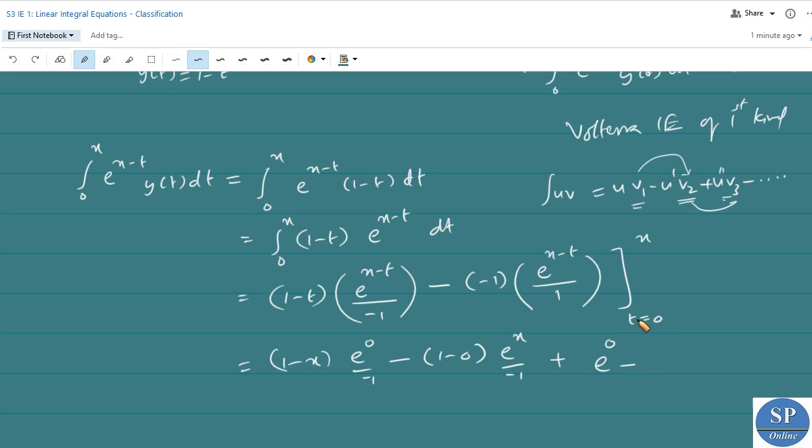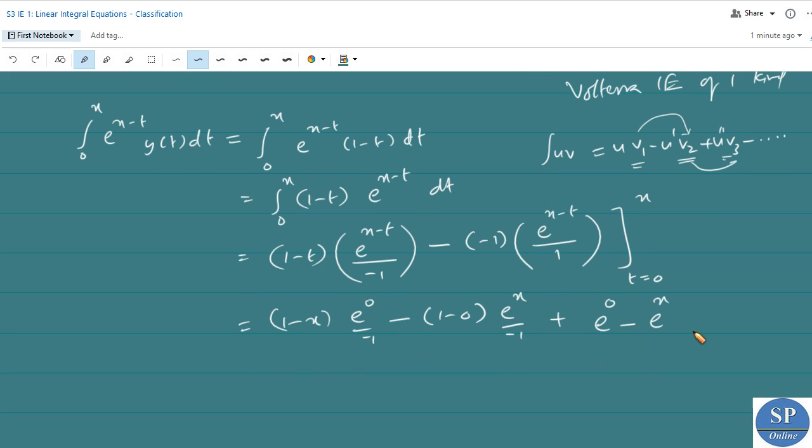So this is 1 minus x by minus 1, that is x minus 1, plus 1, plus e power 0 which is 1, minus e power x. We can cancel this and 1. So this is equal to x.